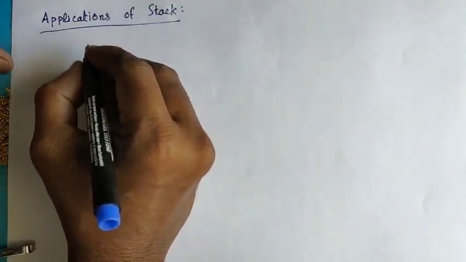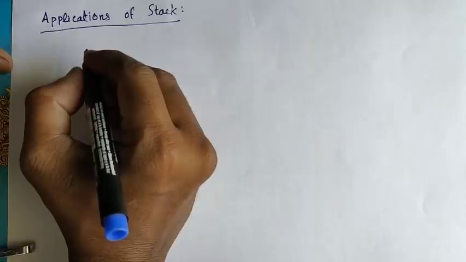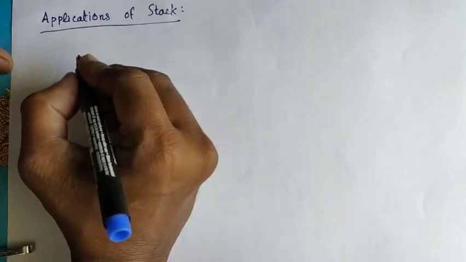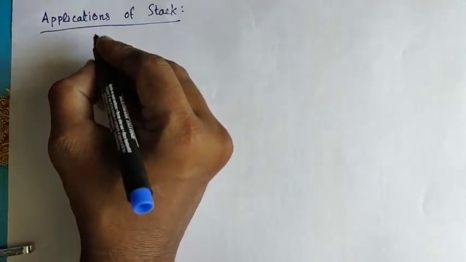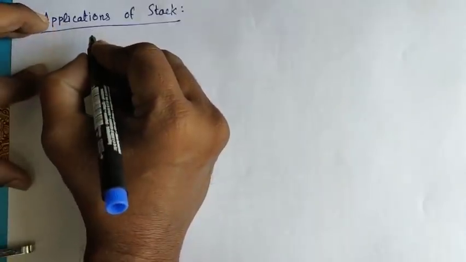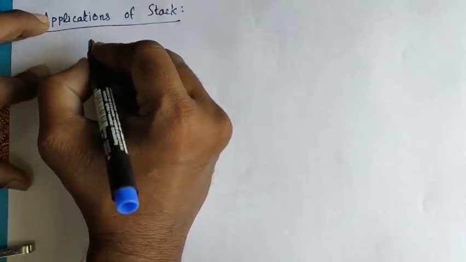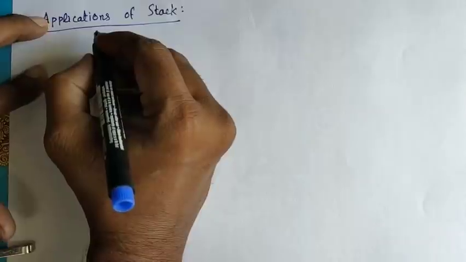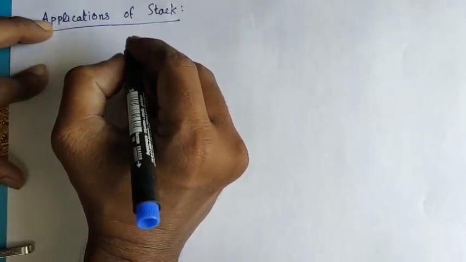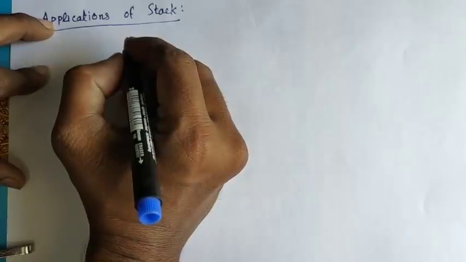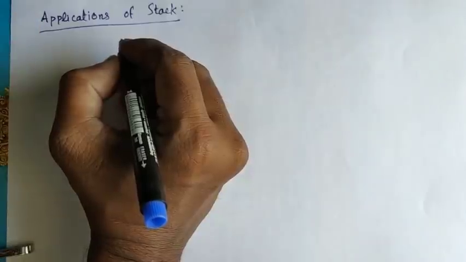Dear students, in this video we are going to discuss the applications of the stack. We know what a stack is. Let us just recall what a stack is. It is a data structure used for storing a list of elements.